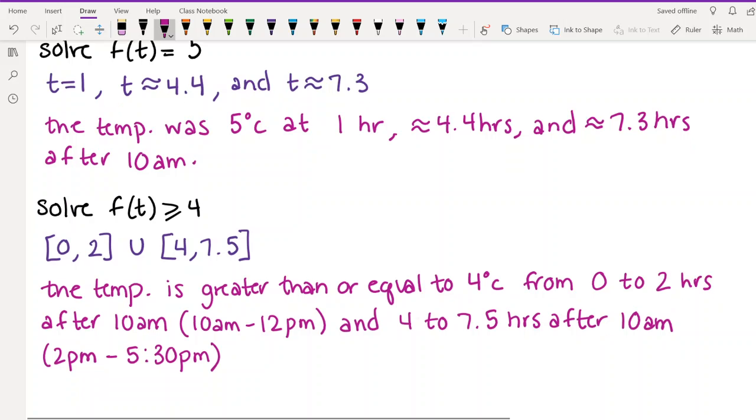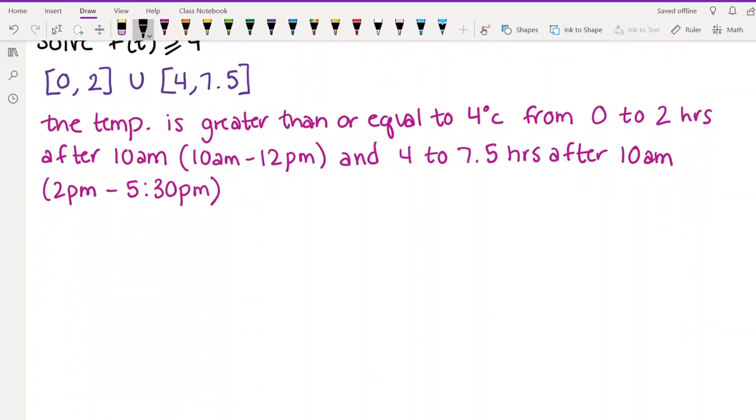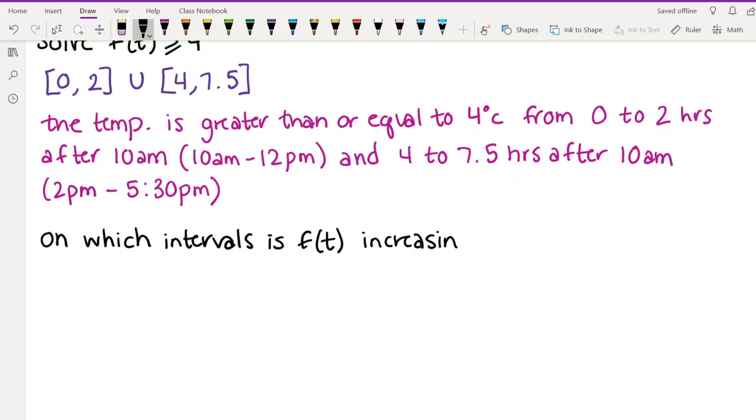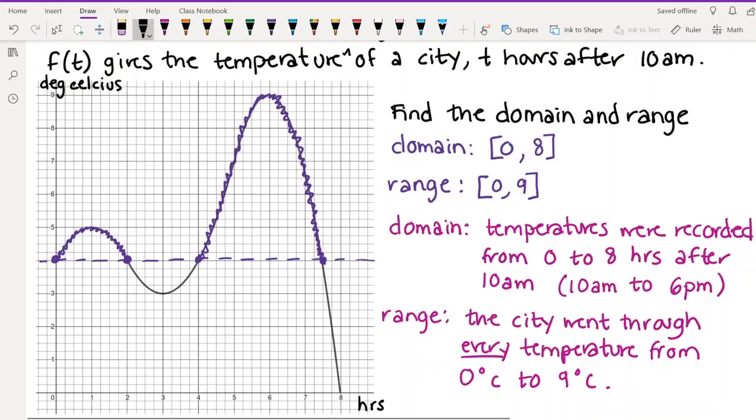Okay, so next up, I want to find the intervals of increasing and decreasing. You can go back to our picture, same idea as what we did in an earlier problem. We're just going to look for where the graph is going up and where it is going down.